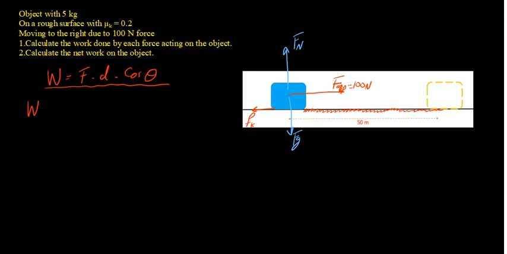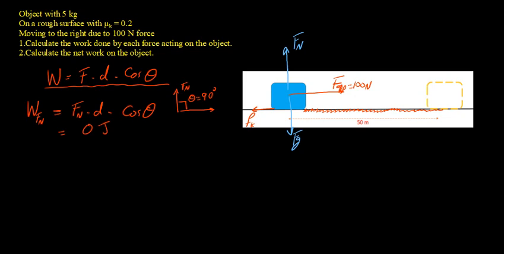The work done by the normal force is the normal force times the distance times cosine theta. If I look carefully, the normal force is going upward and the motion of this object is going to the right, so theta here is 90 degrees, which means cosine 90 degrees is 0. That means no work has been done by the normal force.